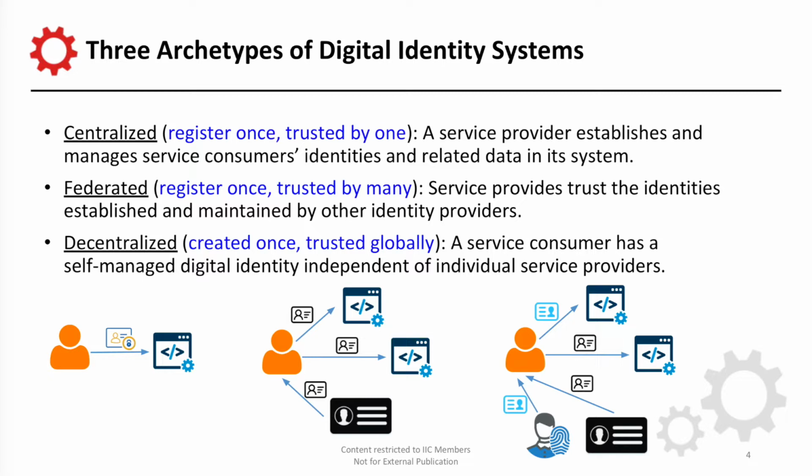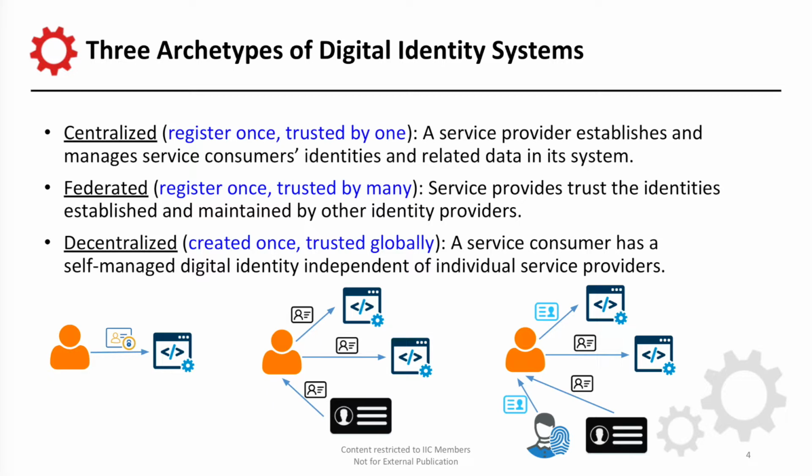The third category, which most people are possibly not so familiar with, is fully decentralized. The idea here is you receive credentials from multiple individual identity providers, like you collect loyalty cards. For each service, you present the different credentials they can trust.